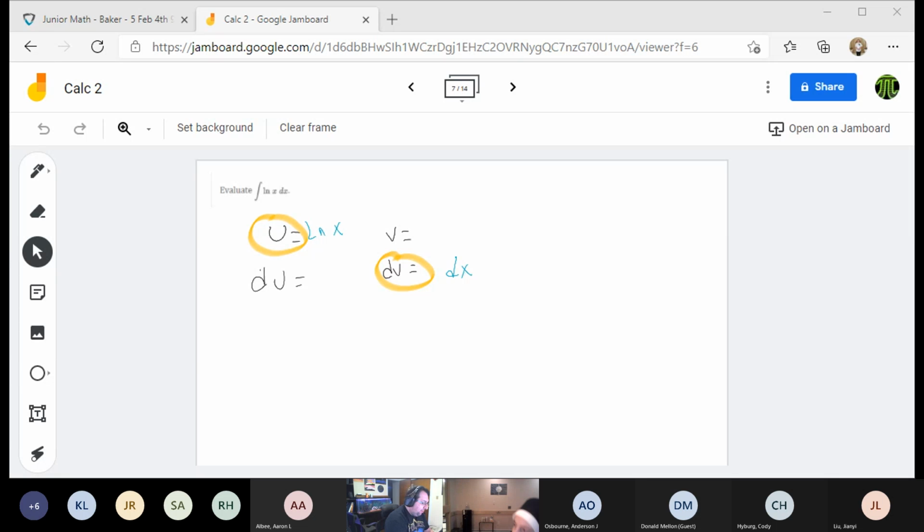So what's the derivative of ln of x? One over x. Correct. So it's 1 over x dx. Yeah, just put the 1 over x. You don't really need the dx there. And then the integral of dx is x.